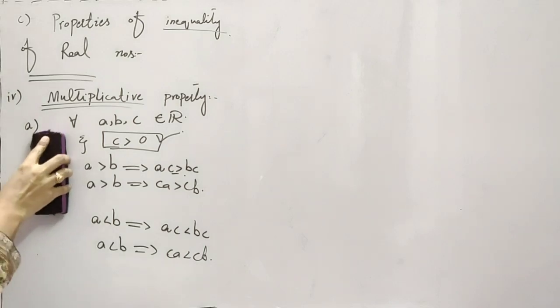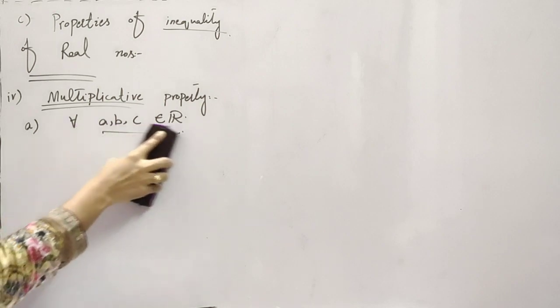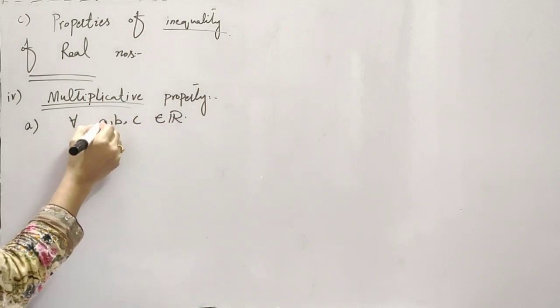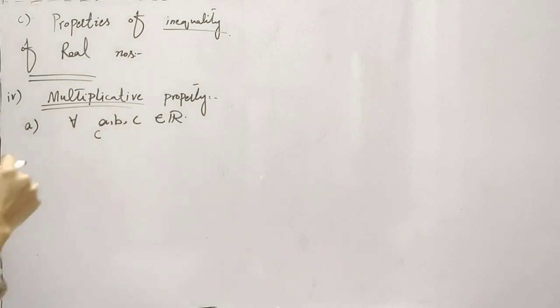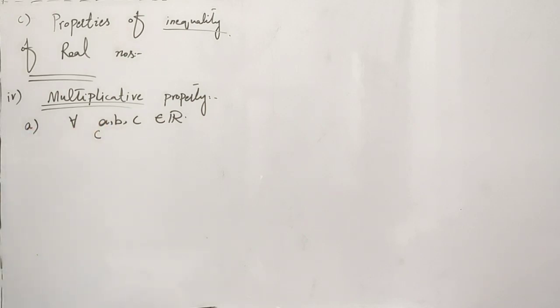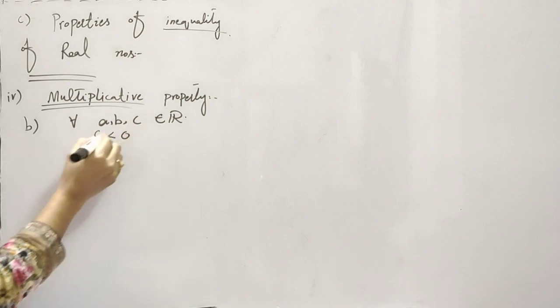Okay, now we take C is less than 0. The B part is for all A, B and C belongs to real numbers and C is less than 0.